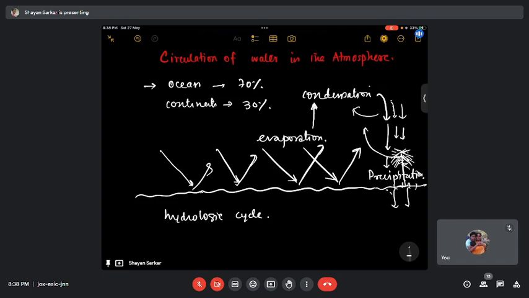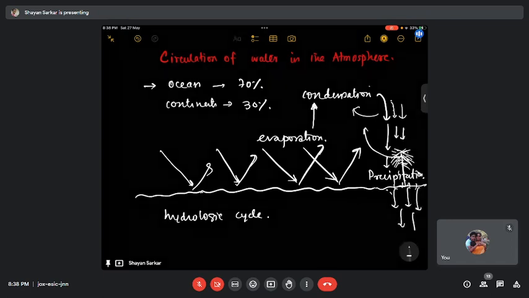They took a path downward, which is called infiltration.